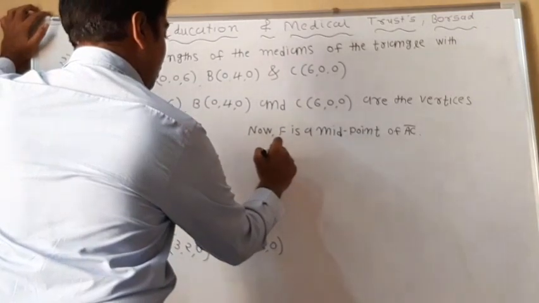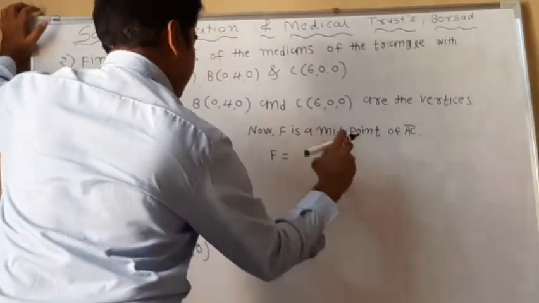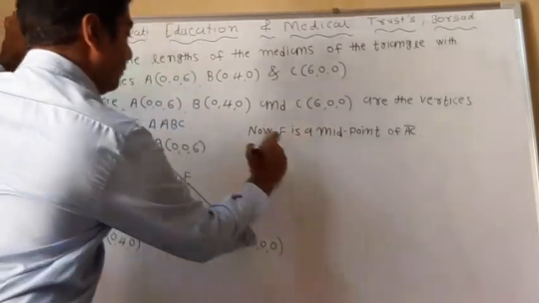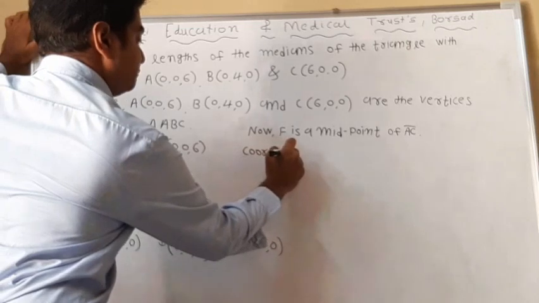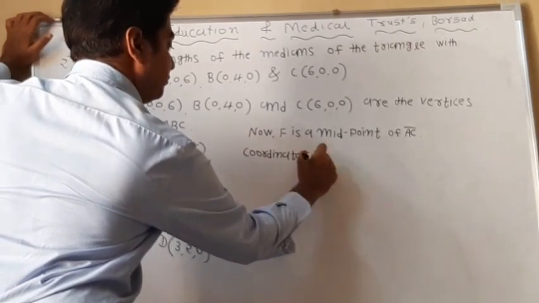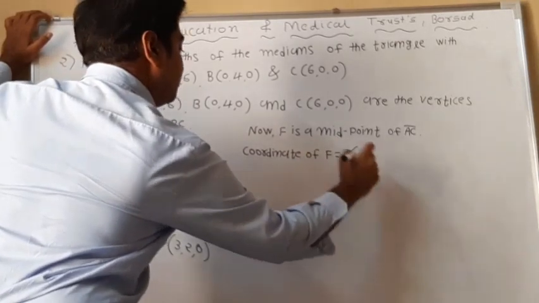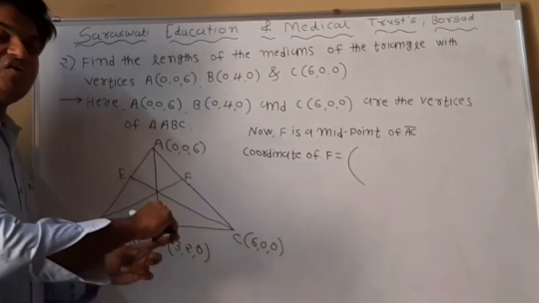So the coordinate of F is equal to, same method applied, add both these numbers and divide by 2.